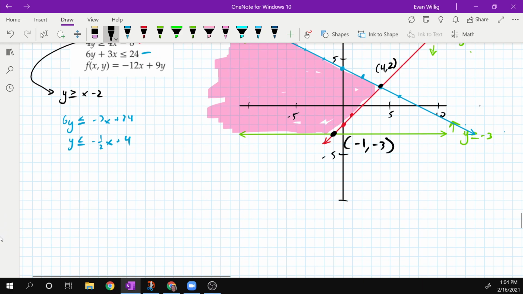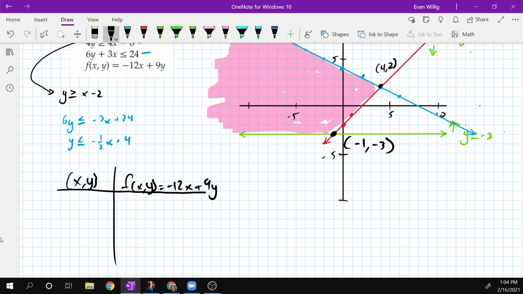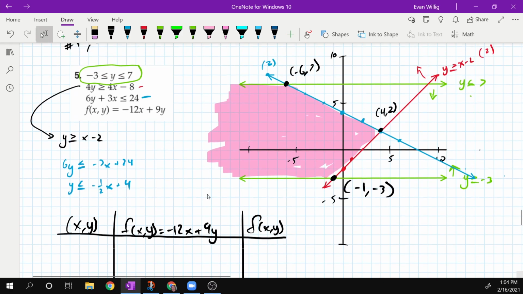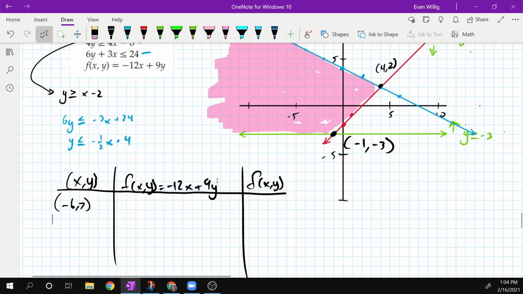So I want my f of x, y is -12x plus 9y. And I got my x, y. And the last column is the f of x, y, what the output is. Okay. So I got -6, 7, 4, 2, and -1, -3.